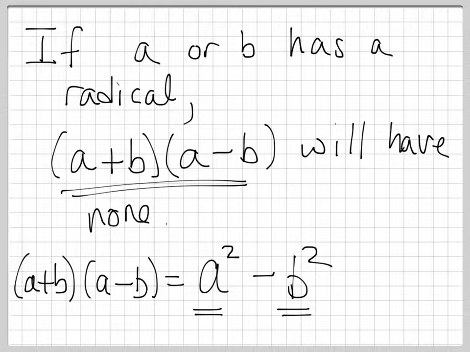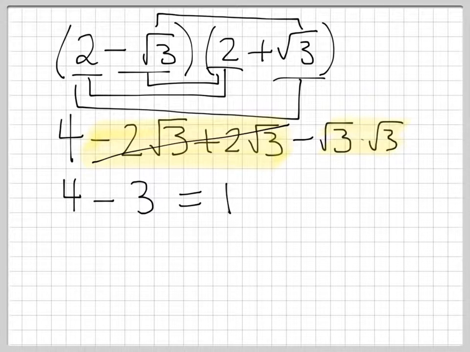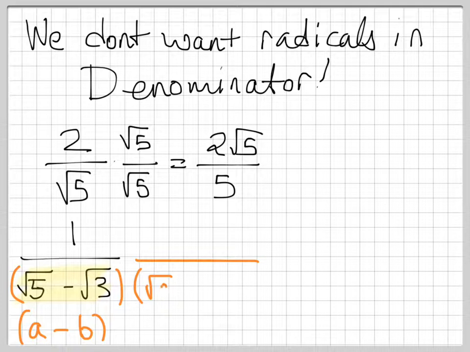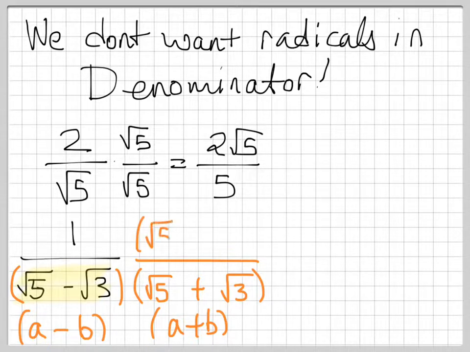If A or B has a radical, then A plus B times A minus B will have none. So here, you want to think of this as A minus B. And so what you want to multiply it by is A plus B. But you got to remember to multiply the top as well.